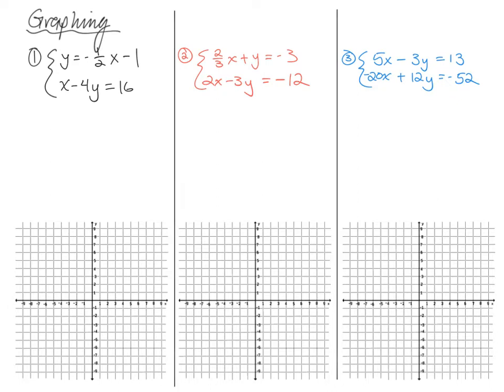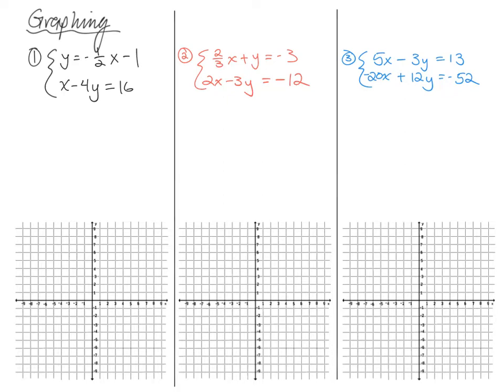Okay. On this slide, there are 3 examples, and of course, we will be graphing 2 linear equations on the same coordinate plane. Now again, in order to be graphing these, you should have them solved for y. That's going to make them the easiest to graph.